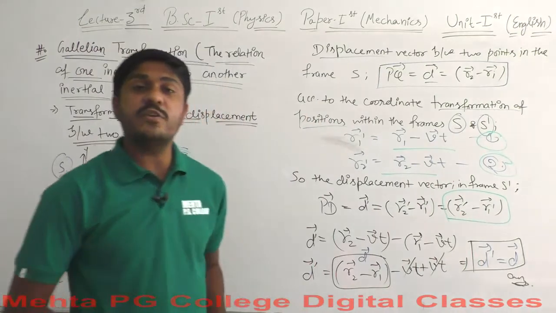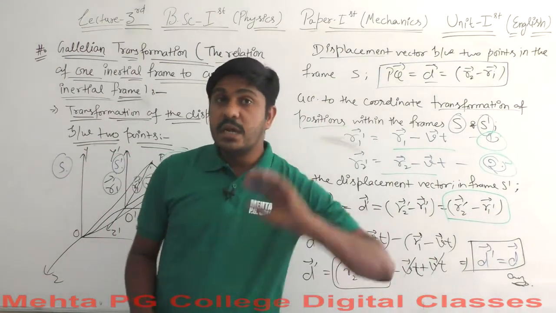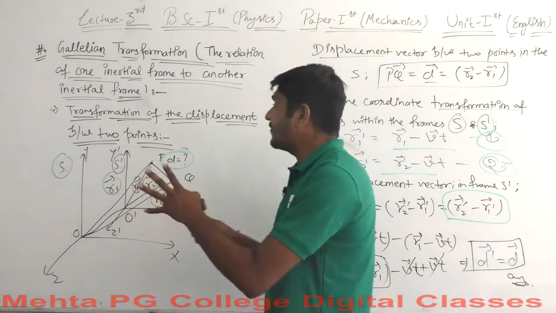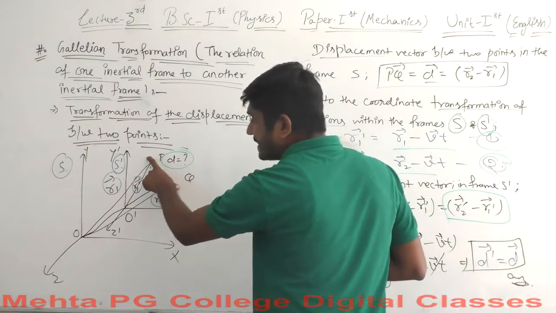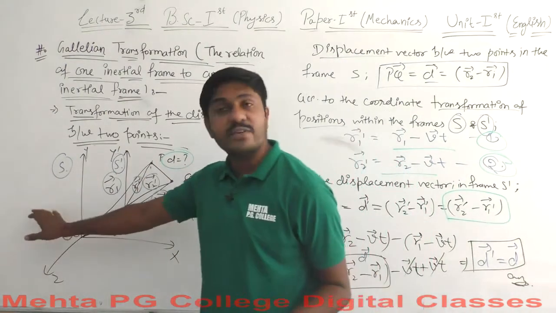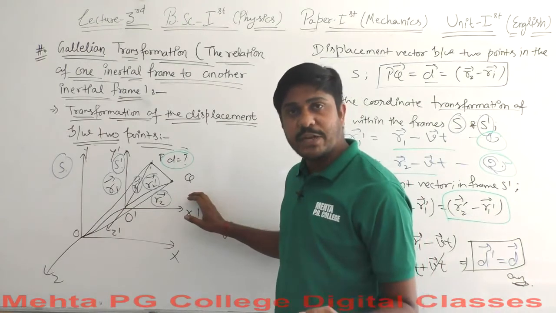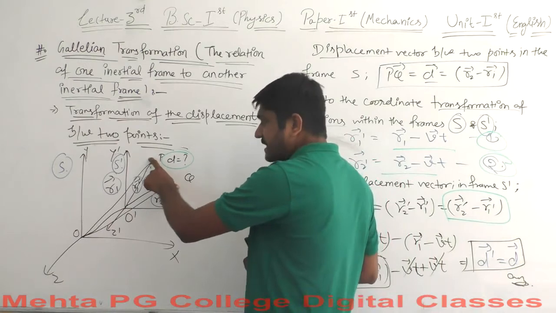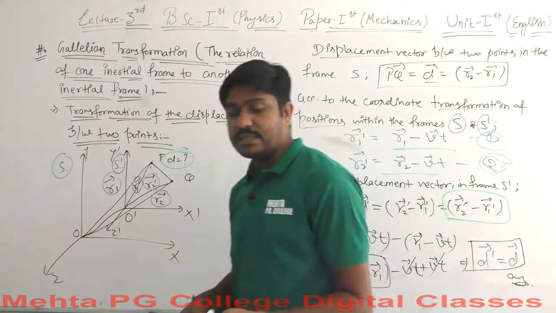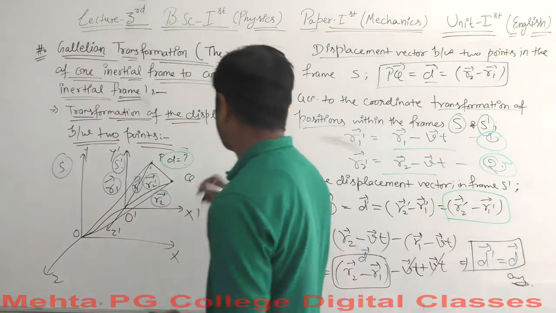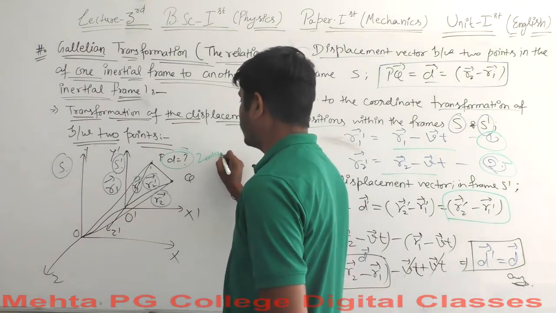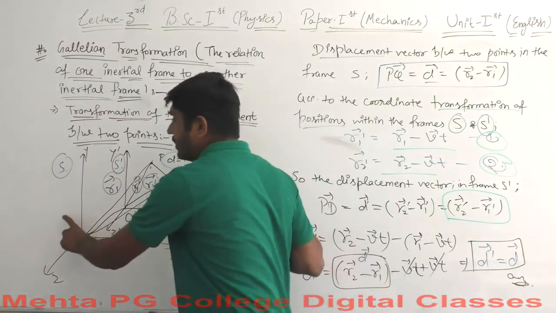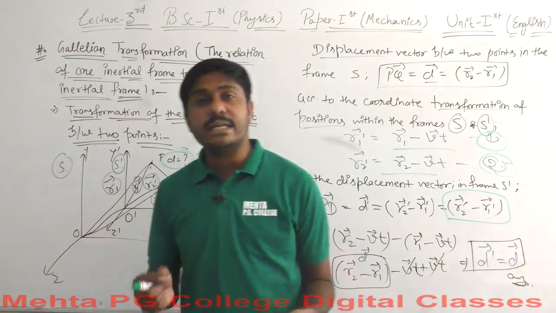So what did we conclude from the results here? We concluded that the displacement between the positions of any points, whether you observe it from the primary reference frame or from the secondary reference frame, will give the same result. If this displacement is, let's say, 2 meters, then for frame S dash it is also 2 meters, and the observer from frame S will also observe 2 meters.